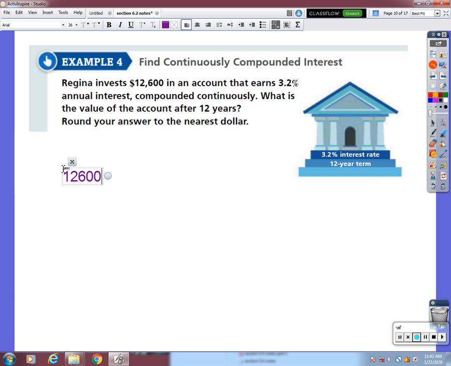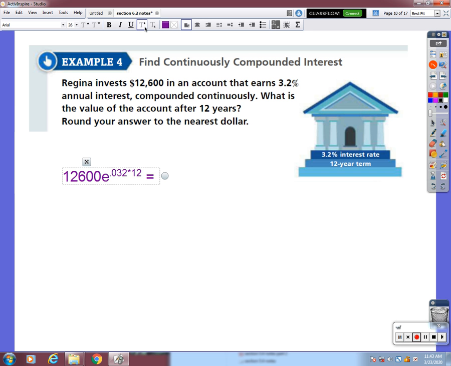So 12,600 is our principal, and then that's going to be times E to the, I need to change the 3.2% into a decimal. Don't forget to do that, or you're going to get a ginormous answer, which is sadly incorrect. And then we want to do this for 12 years.